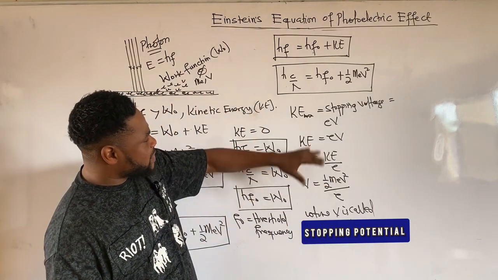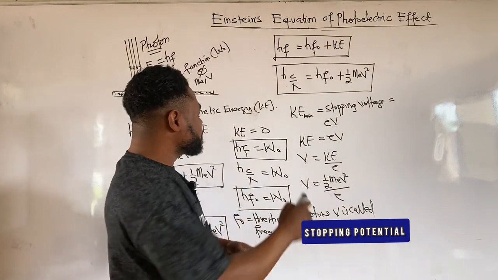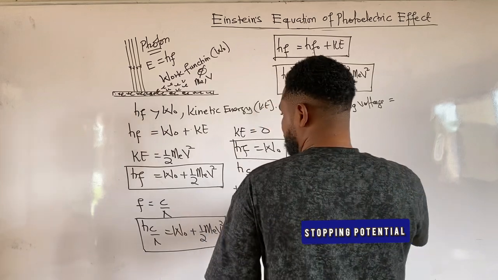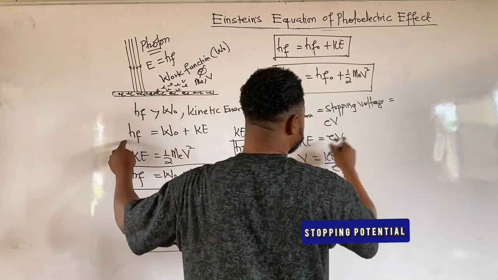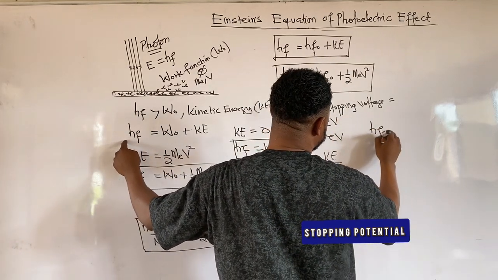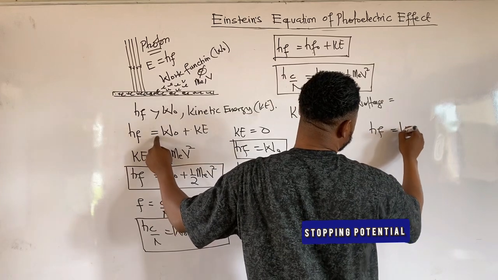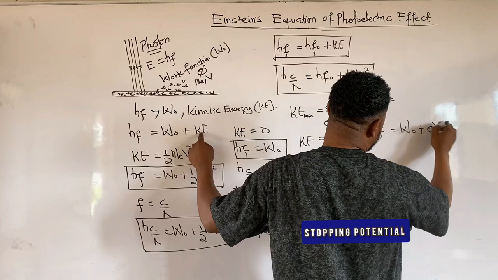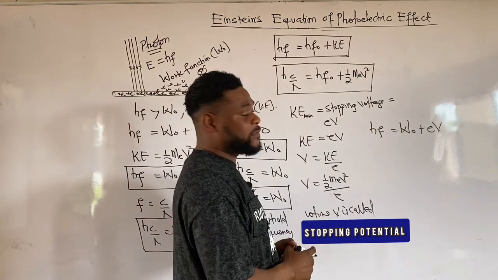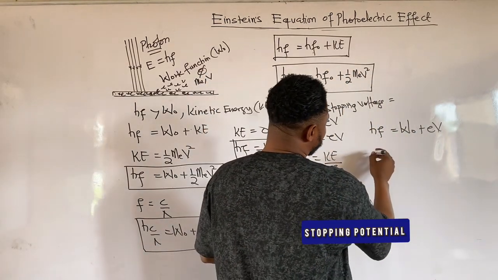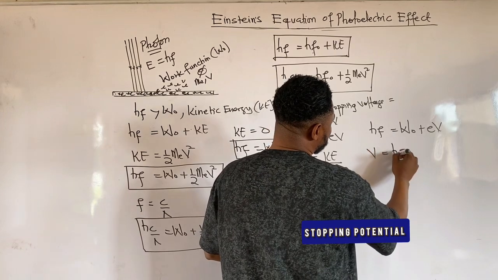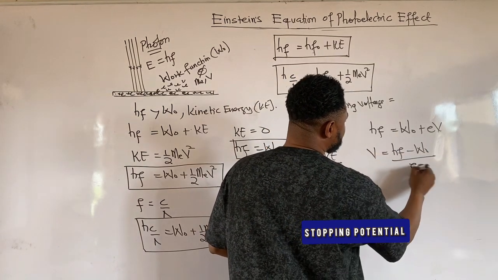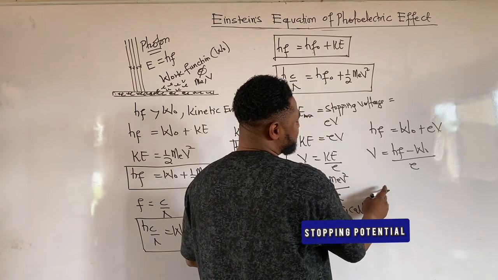Now let us look at some relationship here again. If KE is equal to eV, then from this equation we can have hf equal to work function plus eV. Therefore our V will be equal to hf minus work function all over electron charge, as we can see.